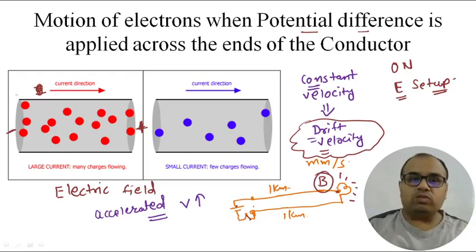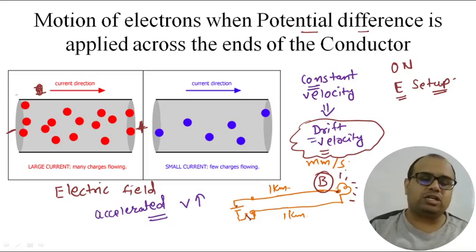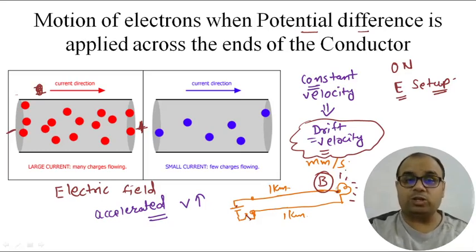And that's why do remember that the drift speed is extremely important. When we switch on the circuit, the electric field is set up with the speed of light, and that's why instantly this bulb starts glowing. I hope that this is clear to you.